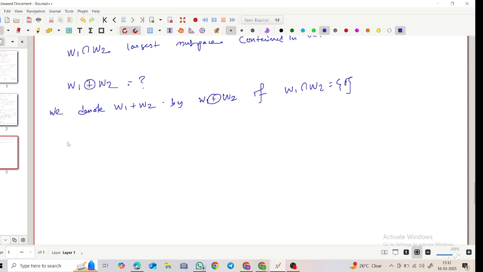Now you see what is skew symmetric plus symmetric. This is a subspace of MnK, right?